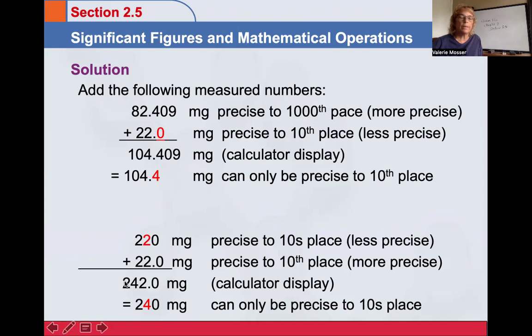Our calculator gives us an answer of 242.0, but our answer can only be precise to the same precision as the least precise value. Our answer is 240. The precision is in the tens place. This 0 is not significant because trailing zeros in a number with no decimal are not significant.